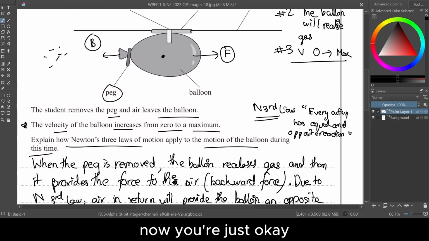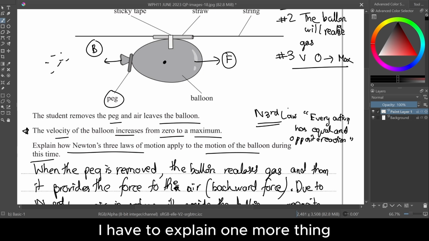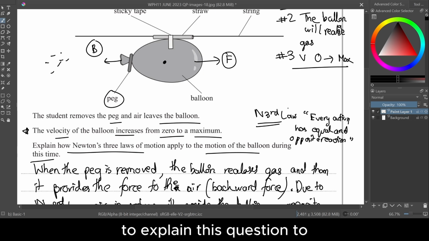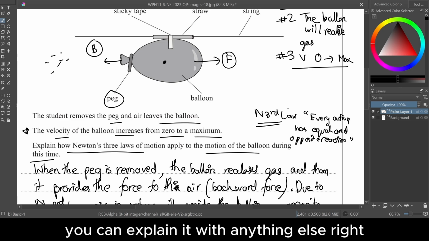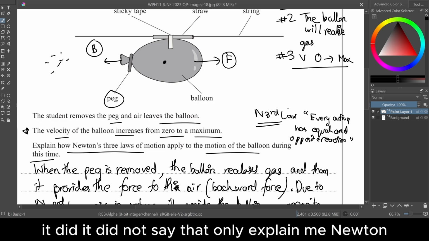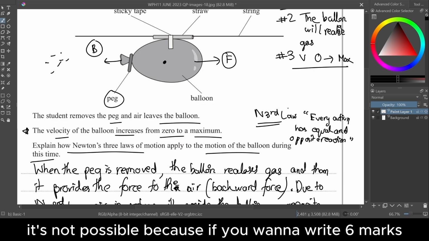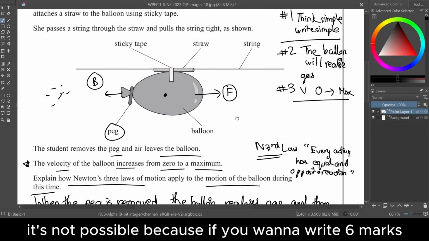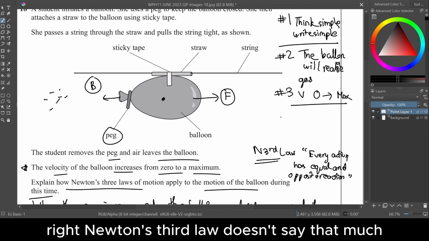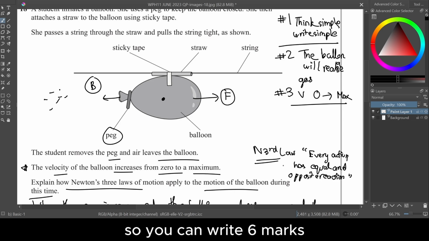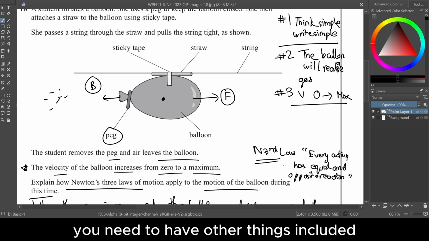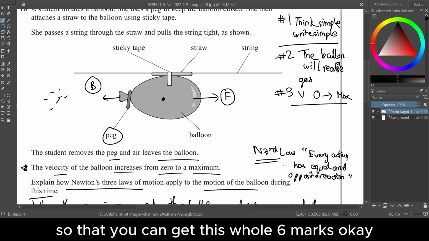I have to explain one more thing: you're not bound to explain this question only with Newton's third law. You can explain it with anything else, right? It did not say to explain only with Newton's third law. It's not possible, because if you want to write 6 marks, Newton's third law doesn't say that much. You need to include other things so that you can get the whole 6 marks.